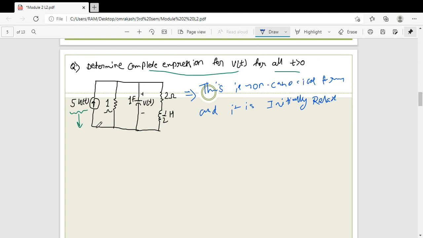Now you have to redraw this circuit in terms of Laplace transform. So how to redraw it? Now see, this is the step input, 5 u of t. What is the Laplace transform of this? It is 5 by s, right? And the same for your 1 ohm resistance.